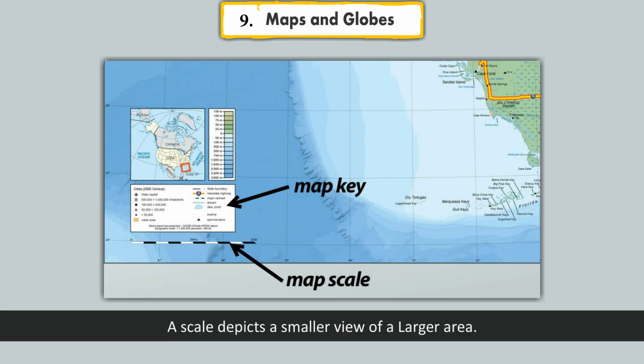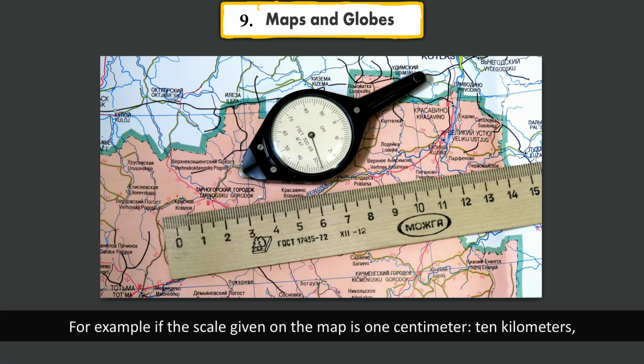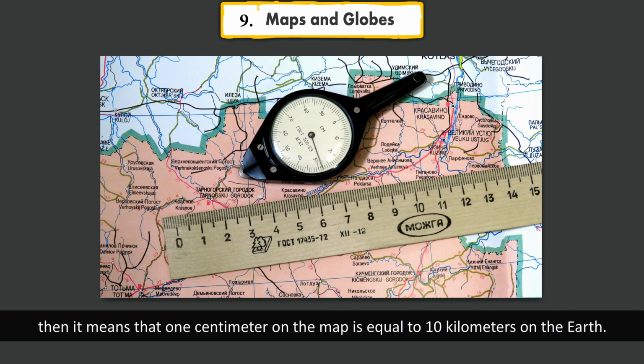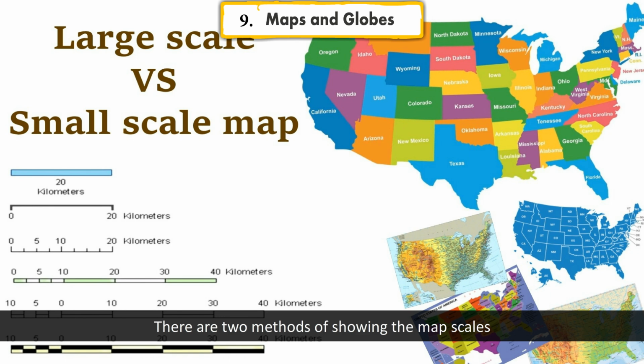A scale depicts a smaller view of a larger area. The scale is the ratio of the distance on a map to the actual distance on the Earth's surface. For example, if the scale given on the map is 1 centimeter is to 10 kilometers, then it means that 1 centimeter on the map is equal to 10 kilometers on the Earth.